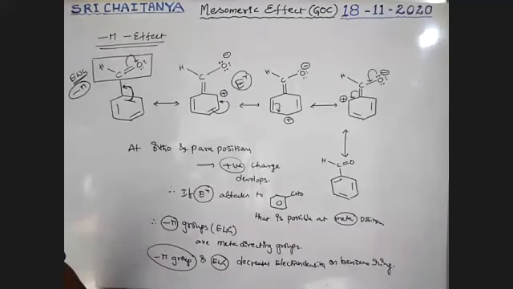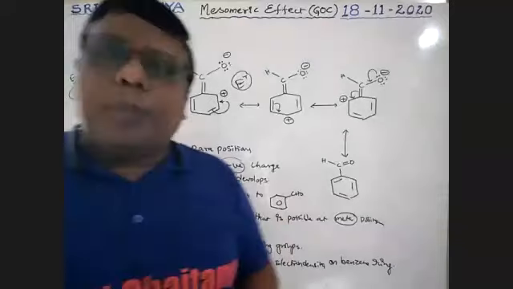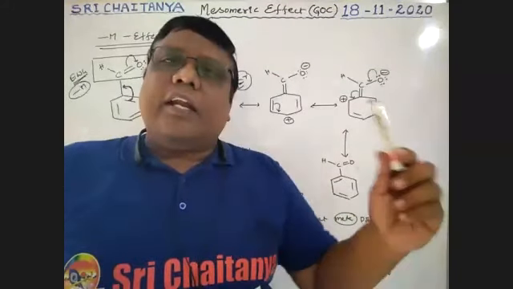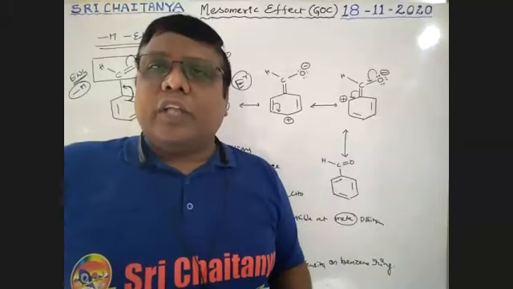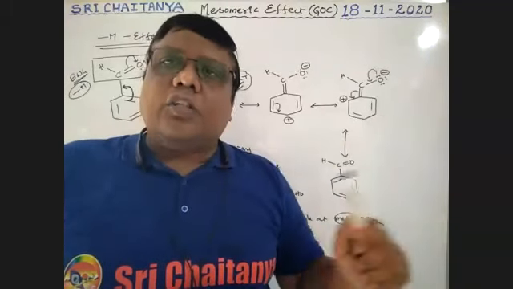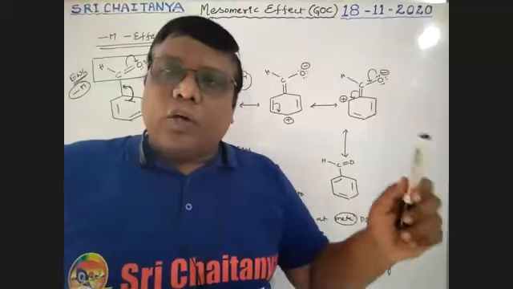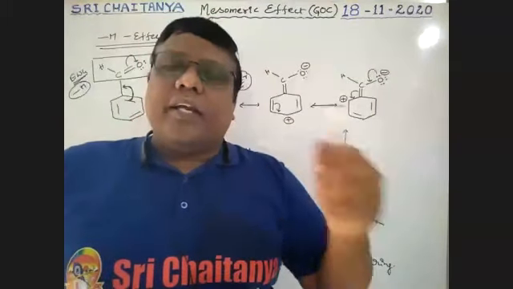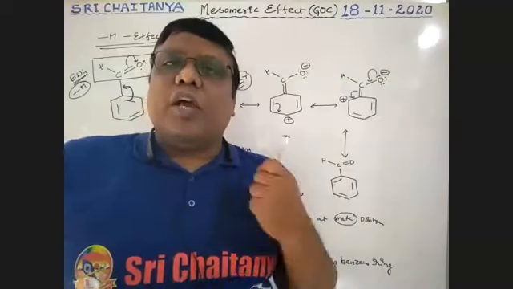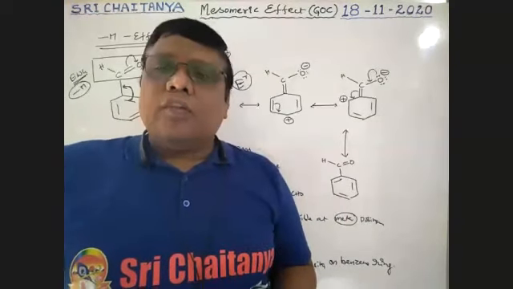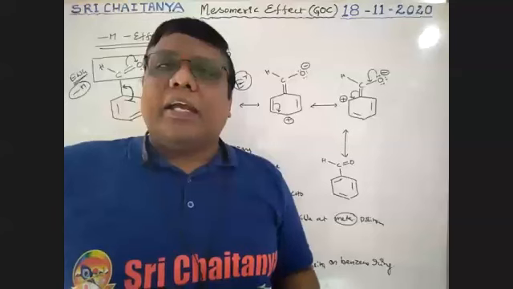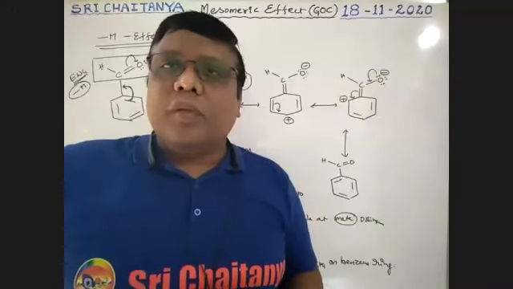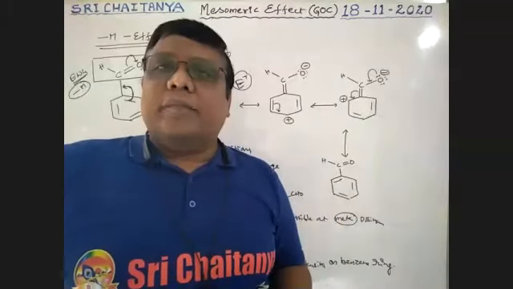So is this clear? If an electron donating group, a plus M group, is there, the electrophile attacks at ortho and para positions. Electron donating groups are ortho para directing groups. An electron donating group donates electrons to the benzene ring, therefore electron density on the benzene ring increases. If an electron withdrawing group is there, further electrophilic attack takes place at the meta position because there are fewer repulsions.